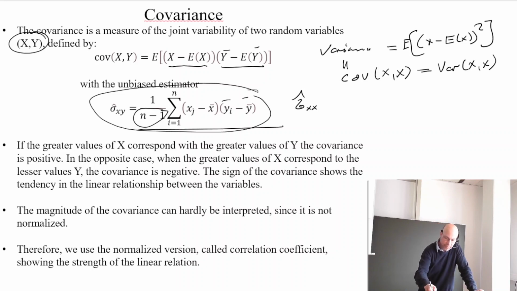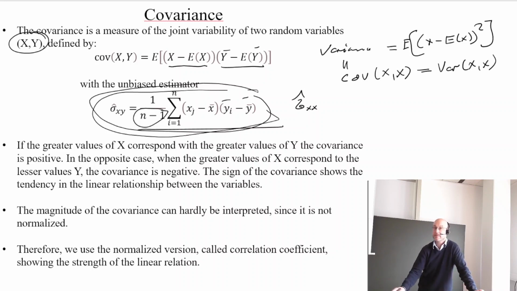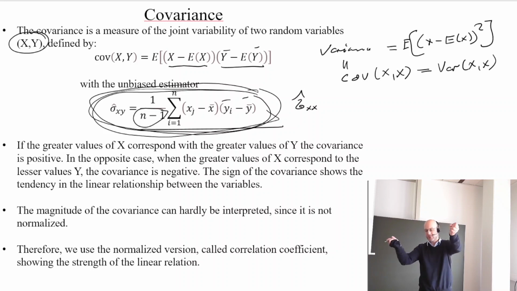what can we learn from this number? Well, we can learn something from this number, but not enough. And what we can learn is that if the greater values of x correspond with the greater values of y, then the covariance should be positive. So from the sign of the covariance, we can interpret that, so to speak, both variables go in the same direction.